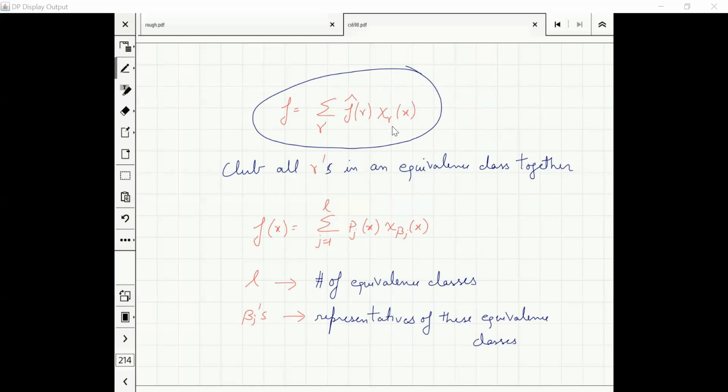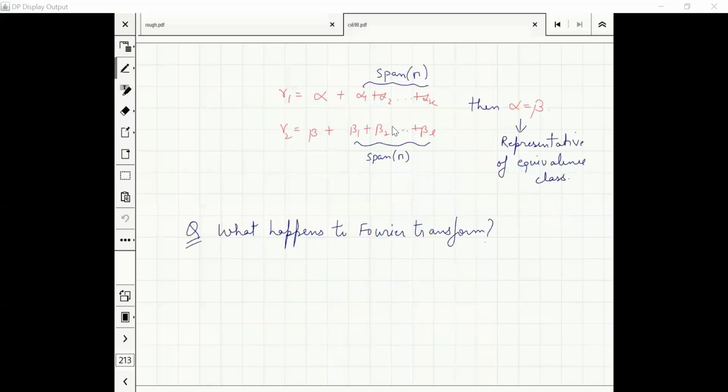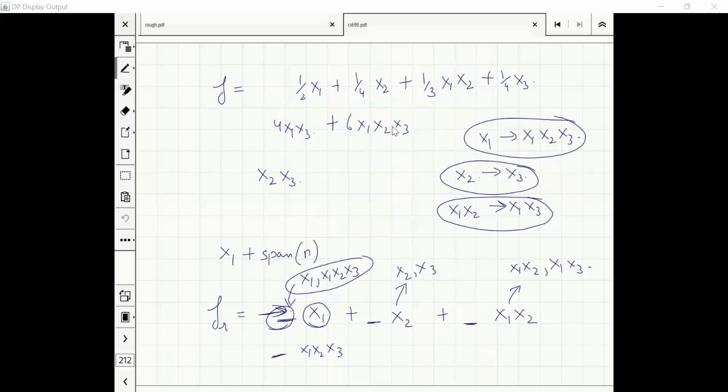That means for every equivalence class, right? If I have L equivalence classes, for every equivalence class, I will pick a representative. Like, for example, in this case, for the class of x1, x1, x2, x3, which representative did I pick? x1.